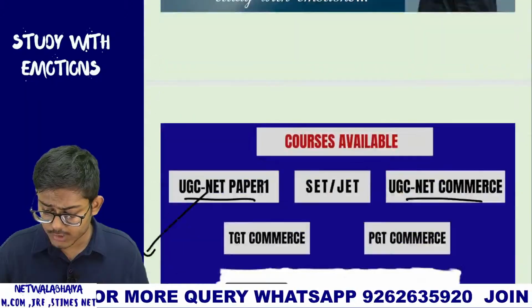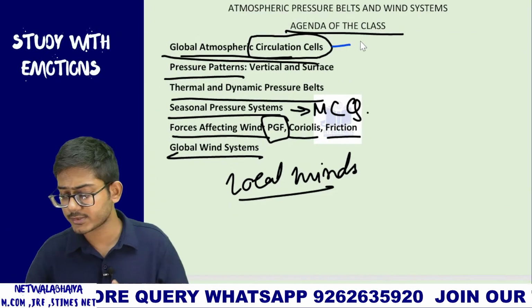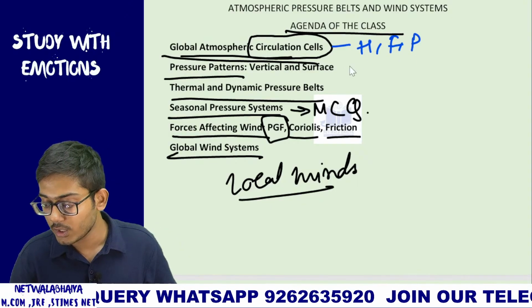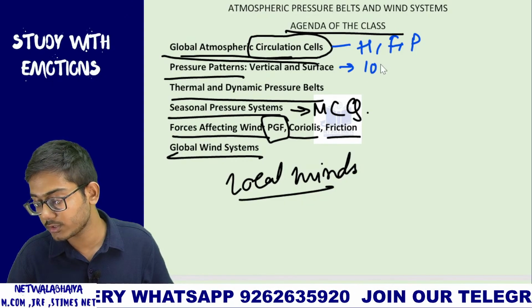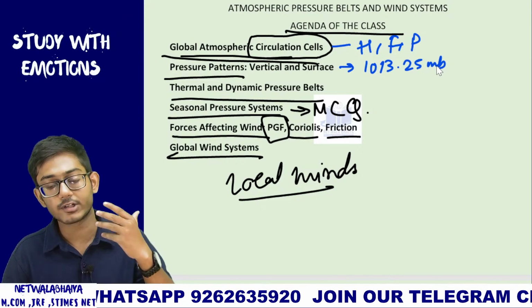We were able to understand about the atmospheric circulation cells, that is the Hadley, Ferrel, and the polar cells. Always revise when you study, okay? The pressure vertical surface, so on the surface it is 1013.25 millibars, and as we go high it reduces.